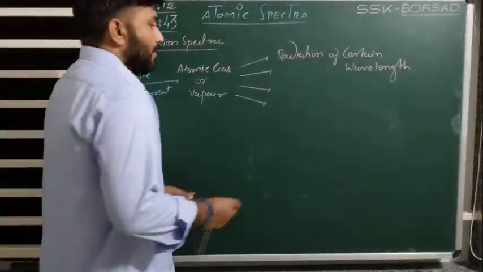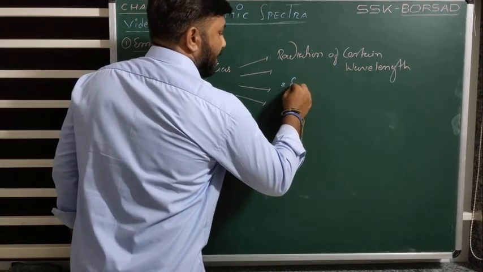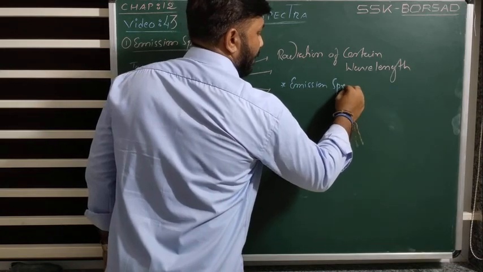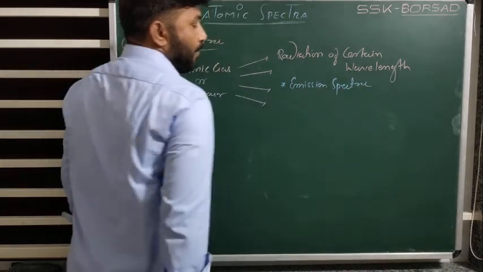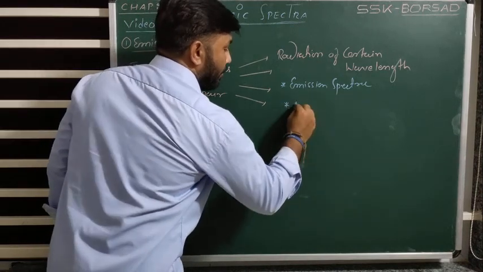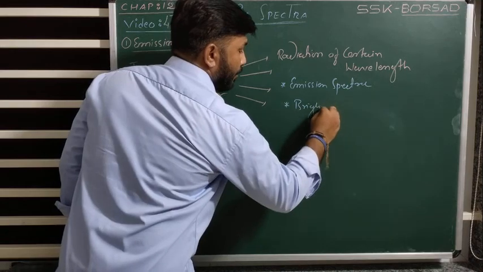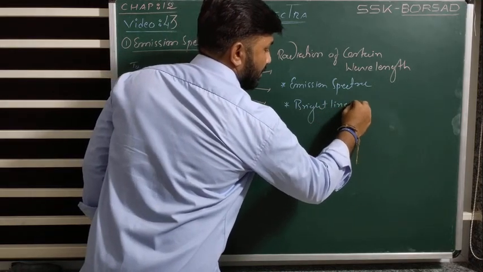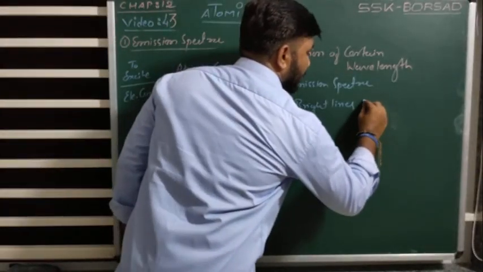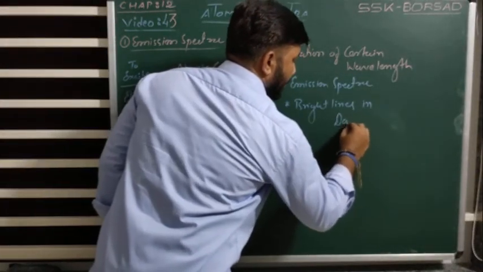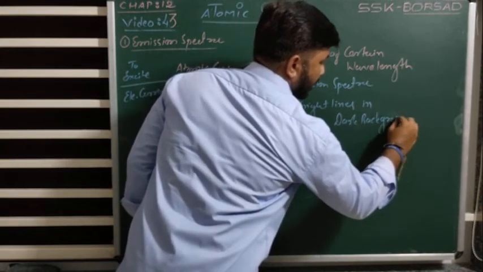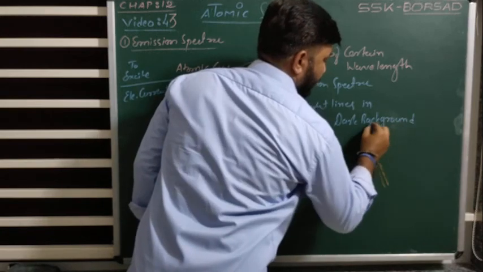This is known as emission spectra. This emission spectra gives bright lines, and these bright lines are observed in a dark background.